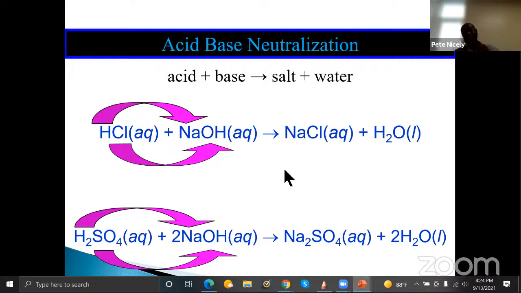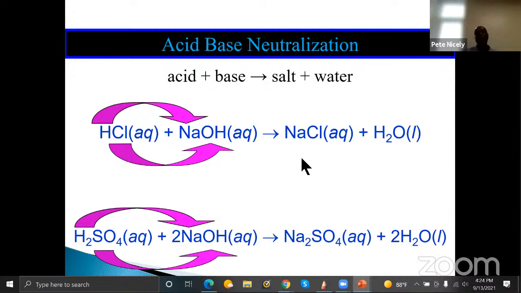So that's basically what happens in every acid-base neutralization reaction. In fact, in all acid-base neutralization reactions, water will be formed, and the other product is basically the salt, resulting from a combination of the positive ion from the base and the negative ion from the acid.